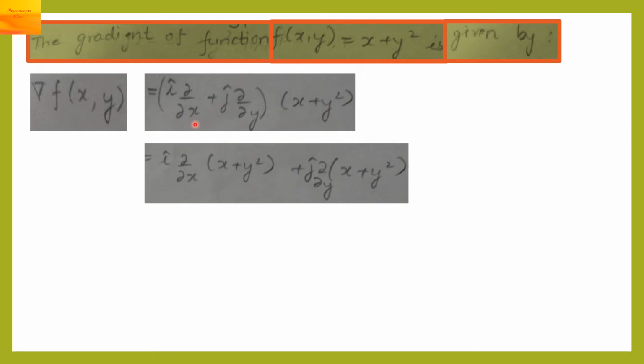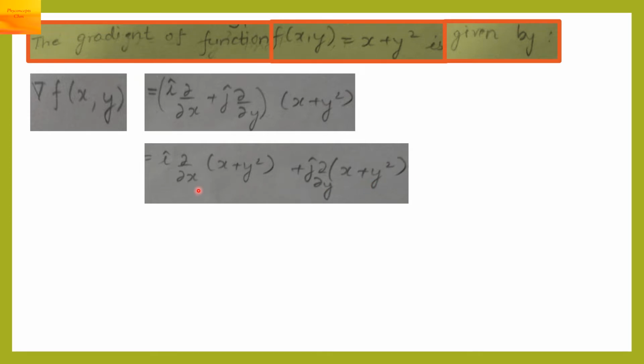Now we will open up the brackets. So that will be i cap ∂/∂x of x plus y squared plus j cap ∂/∂y of the same function x plus y squared.